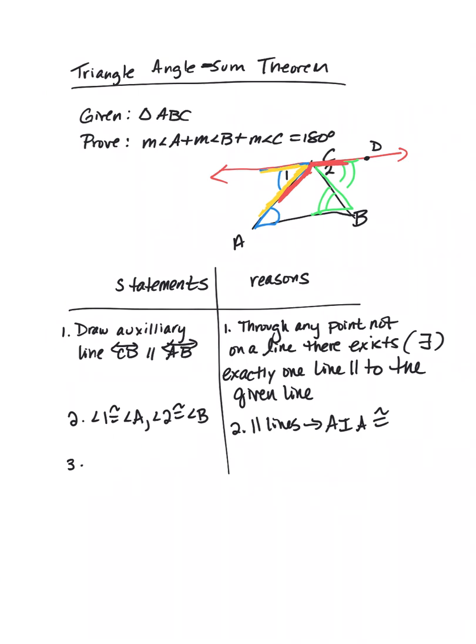We know that those angles must add to 180 because linear pairs are supplementary. So we're going to put the measure of angle 1 plus, let me just put measure, the measure of angle ACD equals 180. Linear pairs are supplementary.